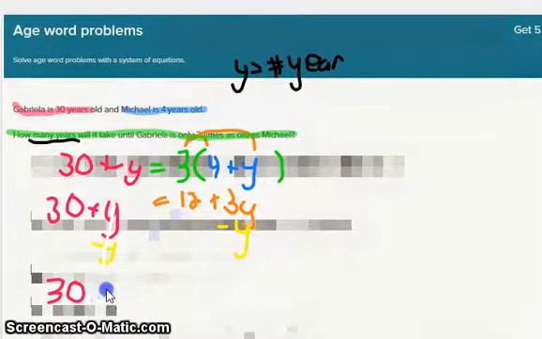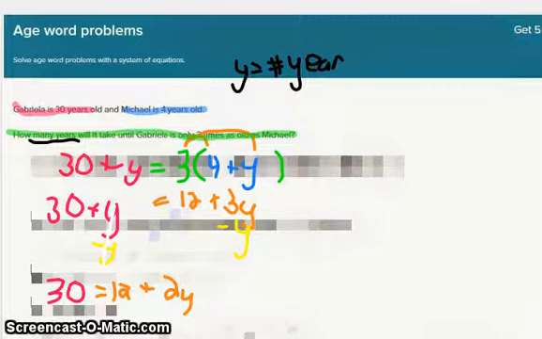Equals 12 plus 3 minus 1 is 2. So we have 2y. So after this, we need to get y completely by itself. But we have this plus 12 with the 2y. So we need to bring that over. And because it's positive, we're going to subtract.